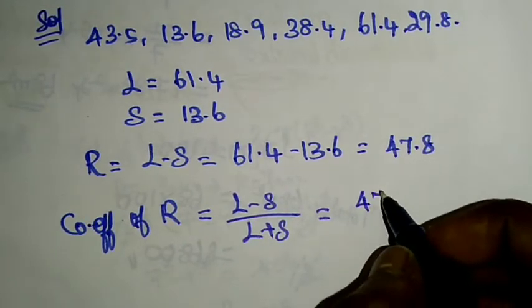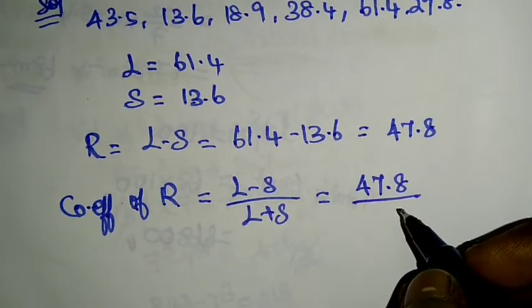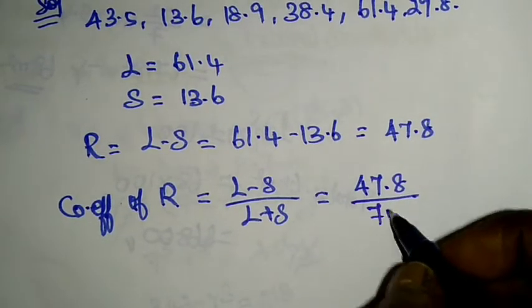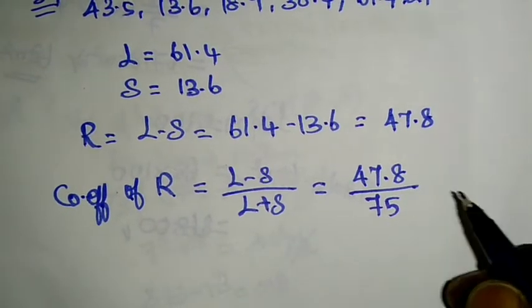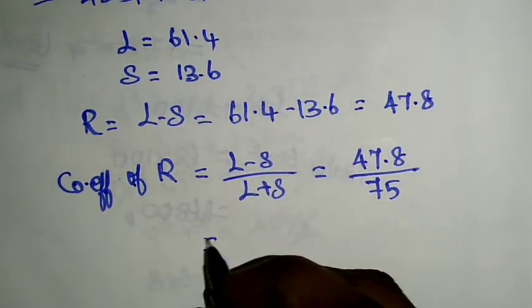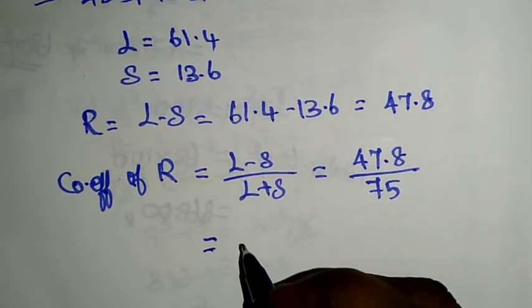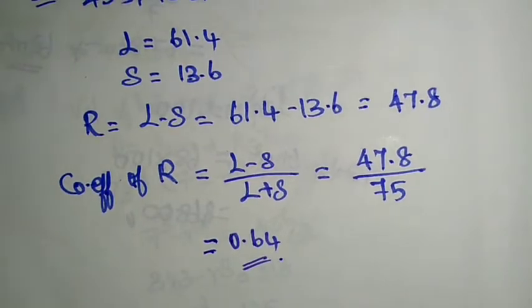So 47.8 divided by 75, since 61.4 plus 13.6 is equal to 75. So the coefficient of range is 0.64.